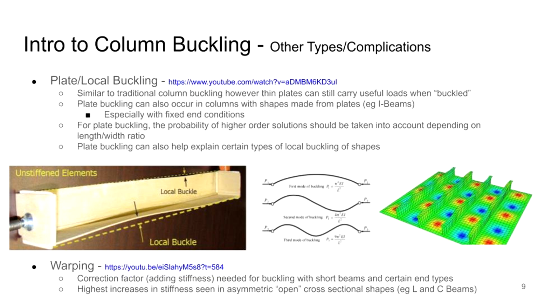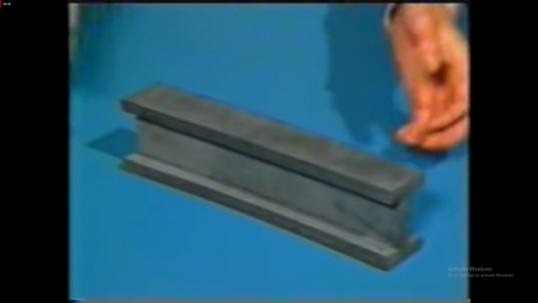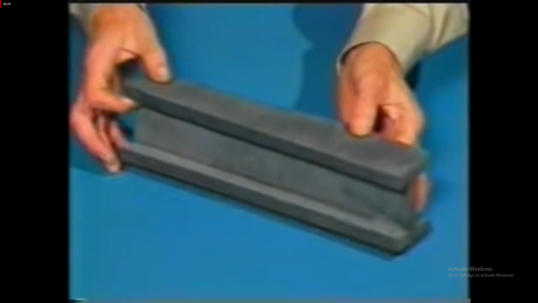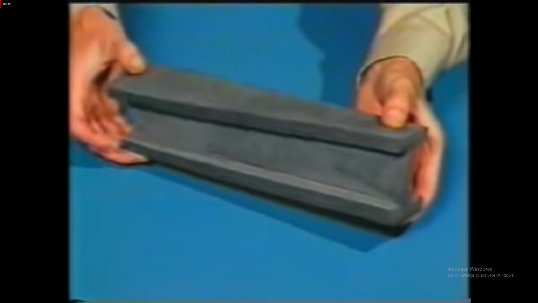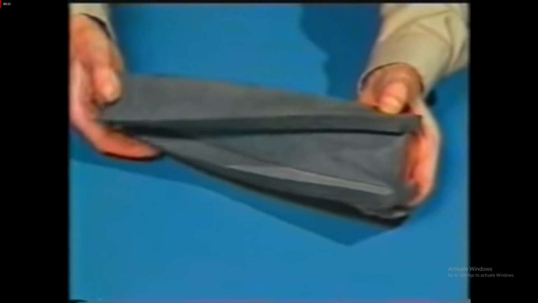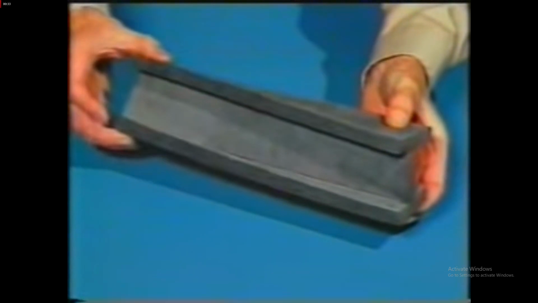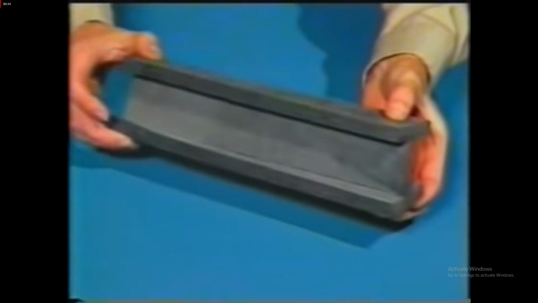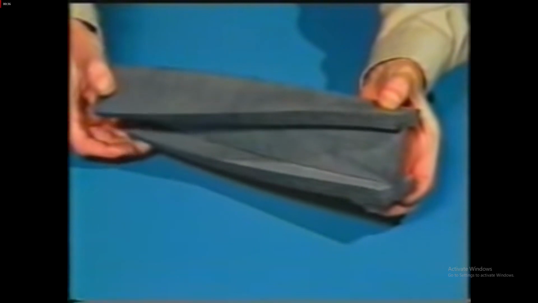And then lastly, something that tends to be overlooked is warping. This is difficult to explain, and the YouTube video does a very good job. But if we imagine an I-beam of a given length, and we have two planes sitting on the ends, one on each end of the I-beam.